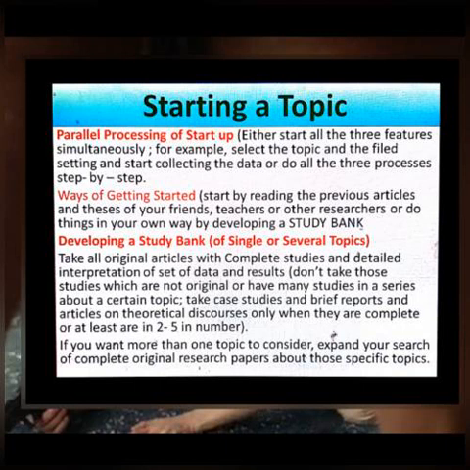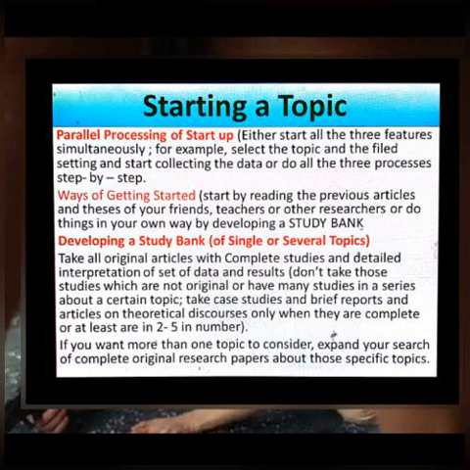Take all the original articles with the complete studies and detailed interpretations of the set of data and the results. Don't take those articles or studies which are not original or have many studies in a series about a certain topic. Take the case studies, the brief reports and the articles on theoretical discourses only when they are complete, or at least are 2 to 5 in number.